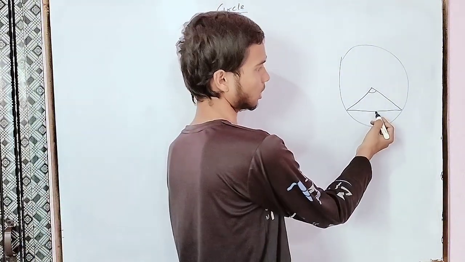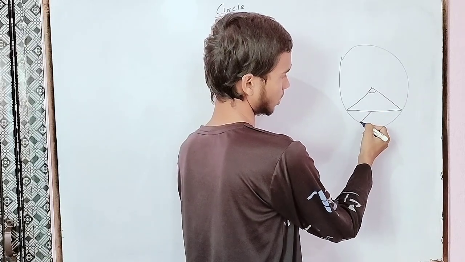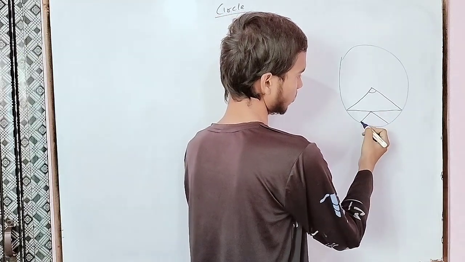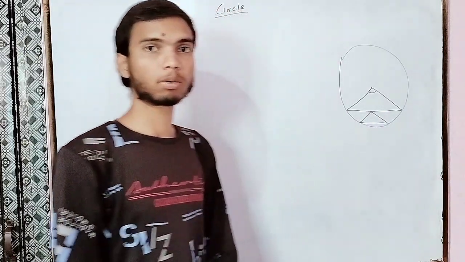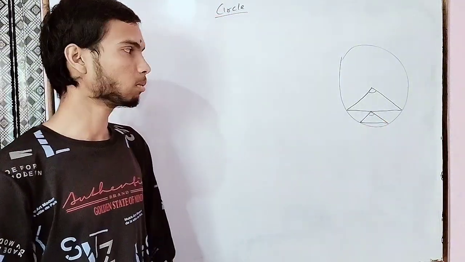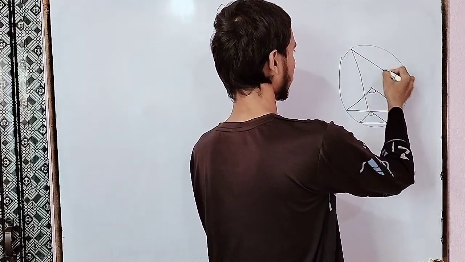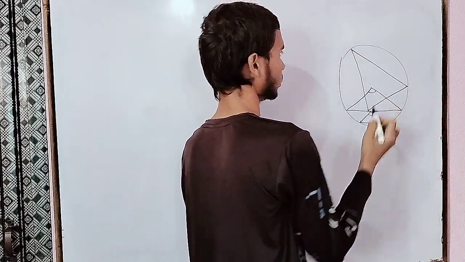Now second, here a triangle can be formed, and like that also a triangle can be formed.